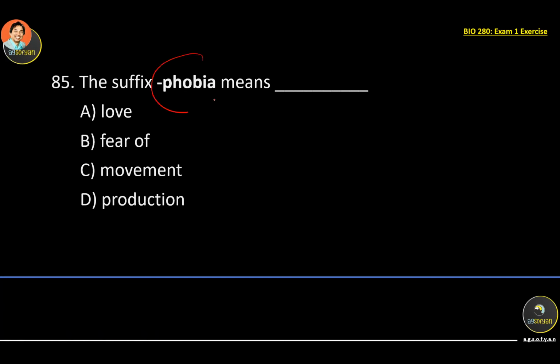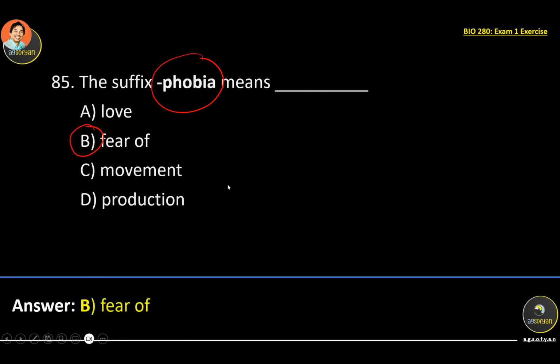Phobia. I think this should be really easy. Okay, people that fear spiders. Okay, it says phobia, arachnophobia, for example. The fear of spiders.